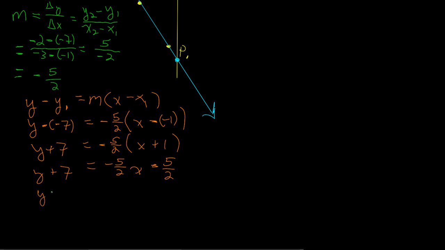So if I subtract 7 from this side, it goes away. But I'm going to do it in its fractional form. And so 7 as a fraction of 2 is 14/2. So our equation of the line is y equals -5/2 x minus 5/2 minus 14/2, which is -19/2.